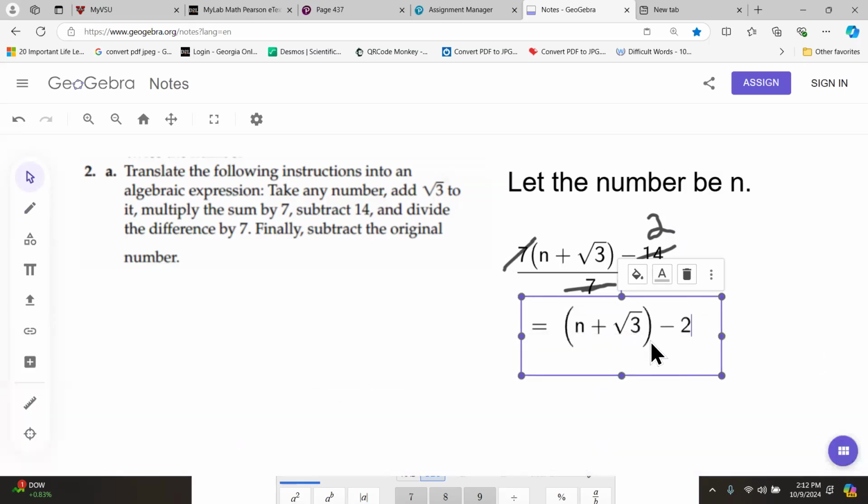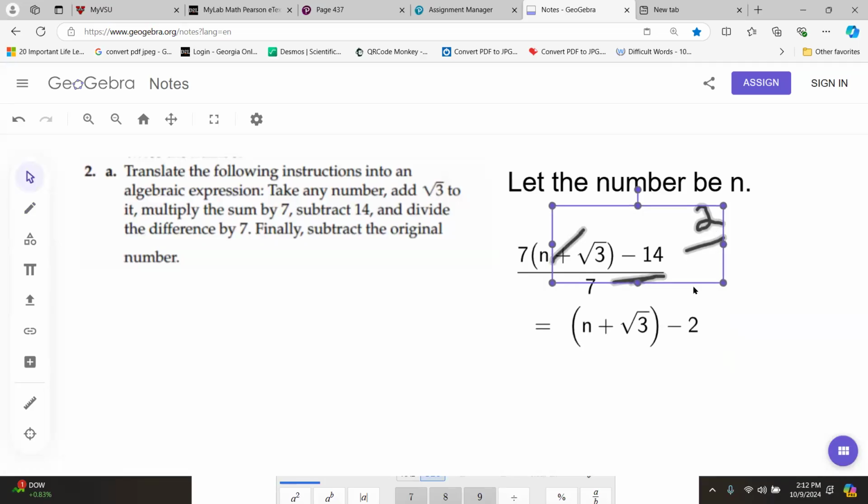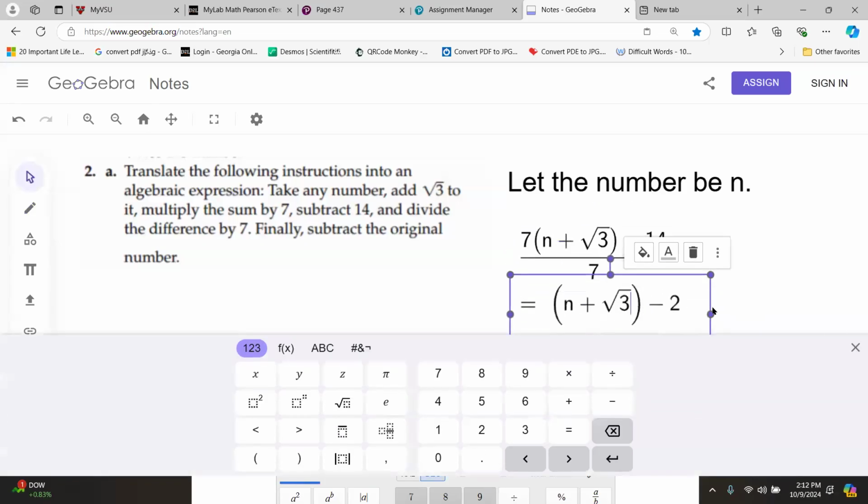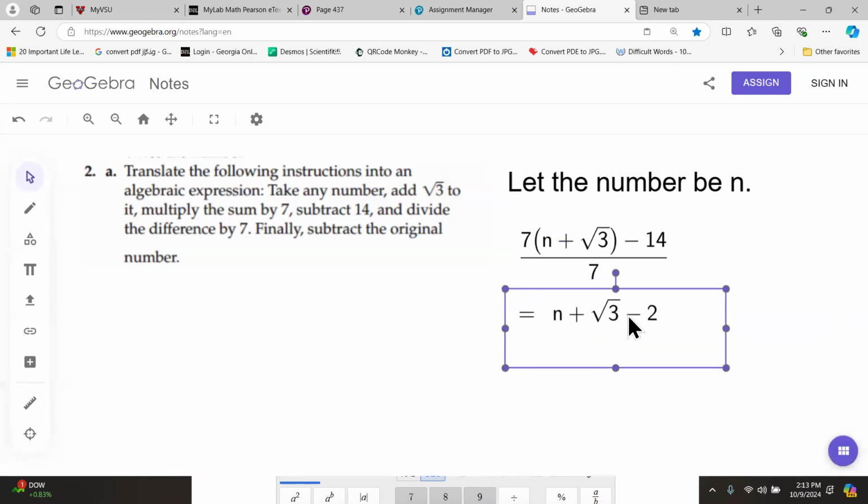In this kind of situation, I don't need that parenthesis anymore, and I can just write this. And you're good to go. Okay, I'm going to pause it just a little bit.